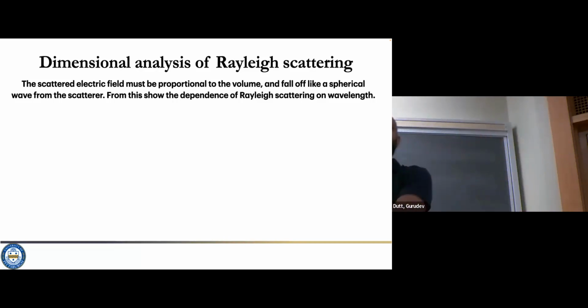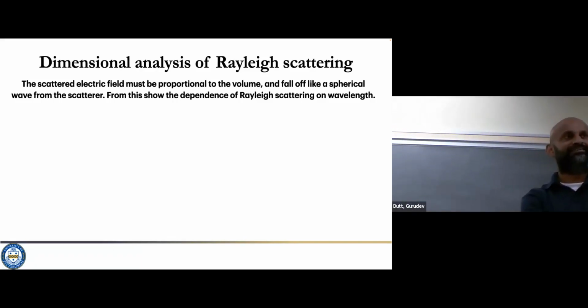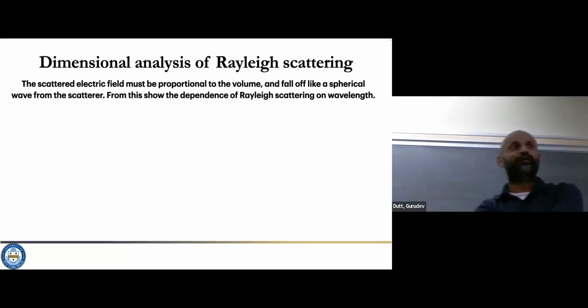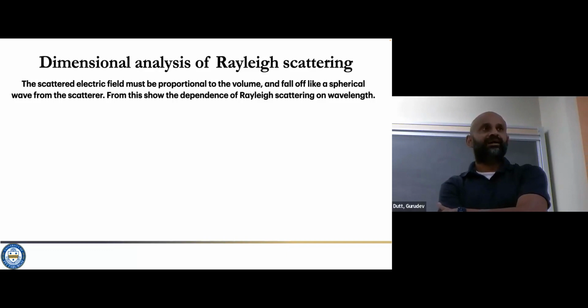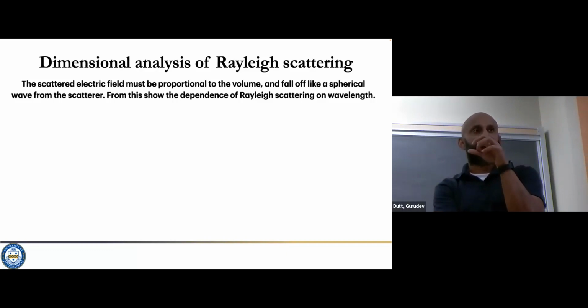Hold on, somebody back there is raising their hand. Yes, Stephanie, please go ahead. I just don't understand why it is proportional. I guess this is again your physical intuition: as the volume of the scatterer becomes larger, the amount of scattered light must get larger.